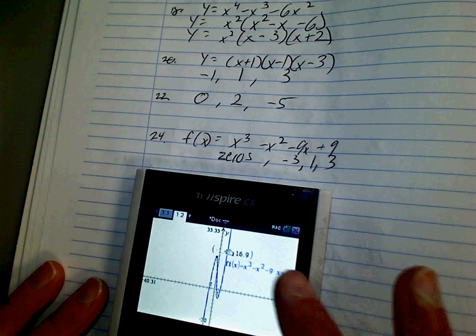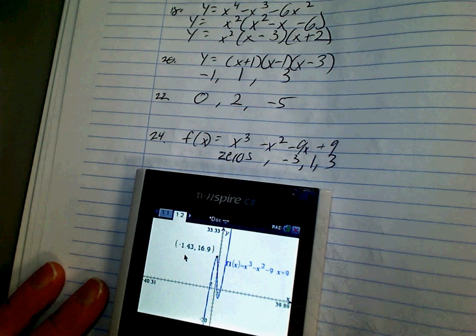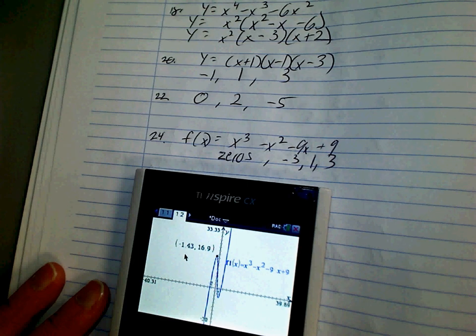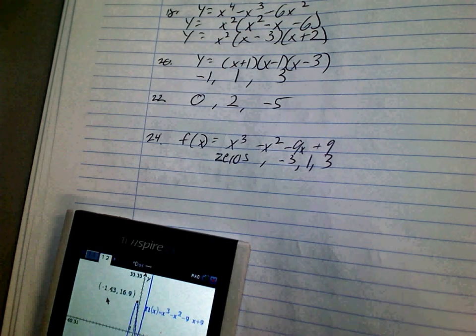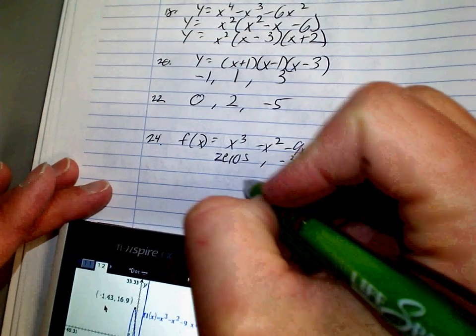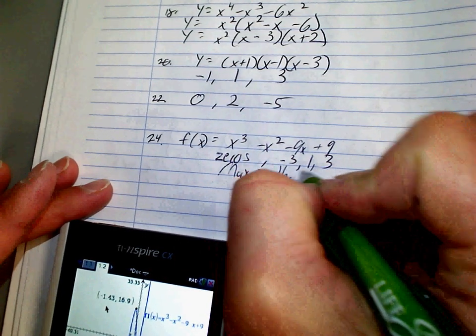Guess that's it right there, isn't it? Negative 1.43, 16.9. Is that what y'all got? All right, so we got that. What we really need is, the relative max is 16.9. That's the y value at that point.